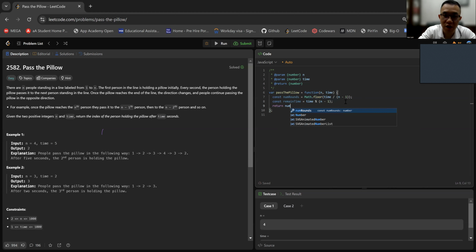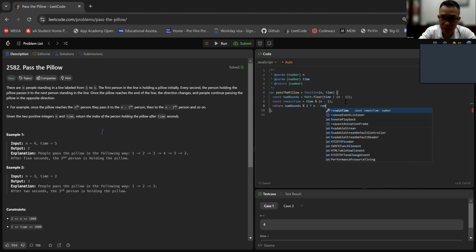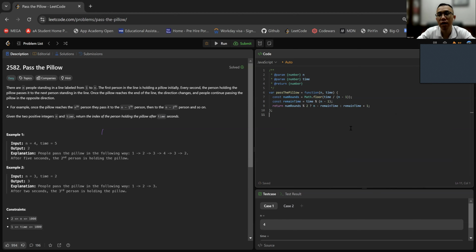Okay, and if the number of routes is odd, then we're just going to do n minus the remaining time. Otherwise, we just return the remaining time plus 1. If it is even, which means that we are going from left to right, we just have to return the remaining time plus 1.